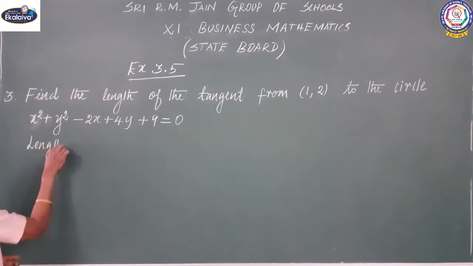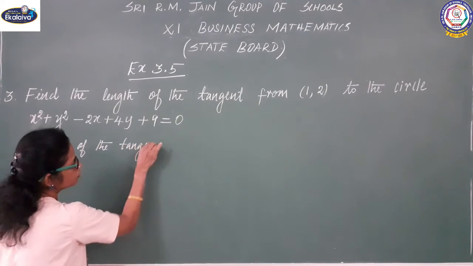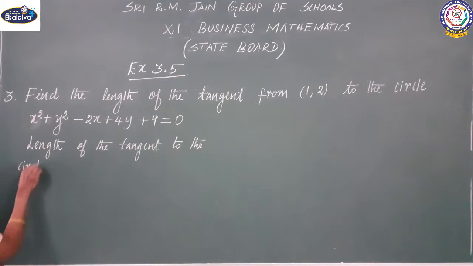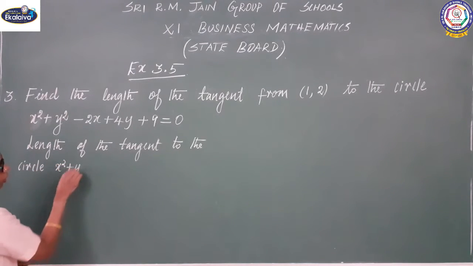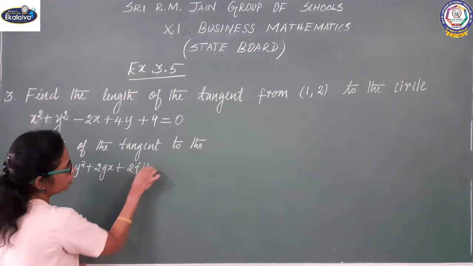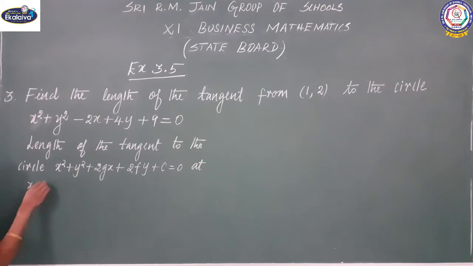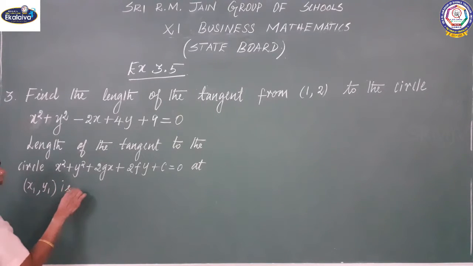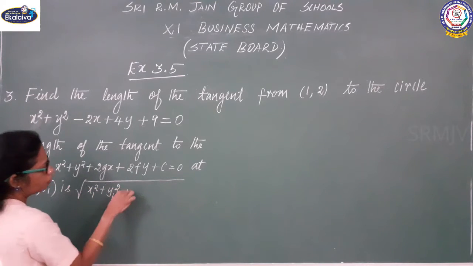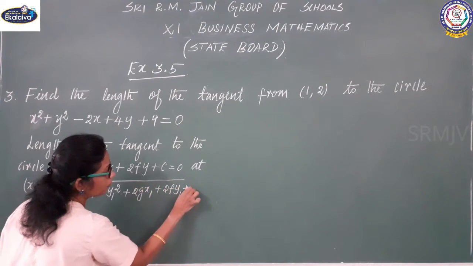Length of the tangent to the circle x square plus y square plus 2gx plus 2fy plus c is equal to 0 at (x1, y1) is square root of x1 square plus y1 square plus 2gx1 plus 2fy1 plus c.